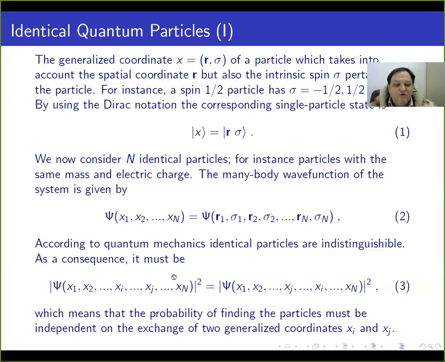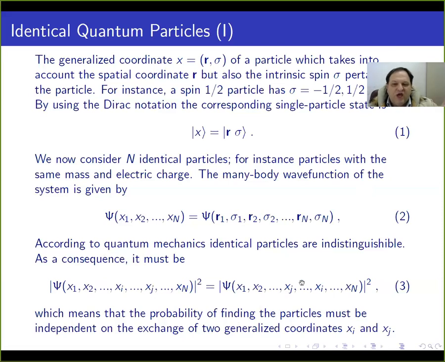Namely, if you take the square modulus of this many-body wave function, or the square modulus of the same many-body wave function where you are interchanging two generalized coordinates, here, for instance, you see in the argument of the wave function we have first xi and then xj.